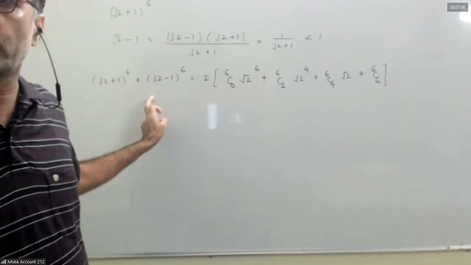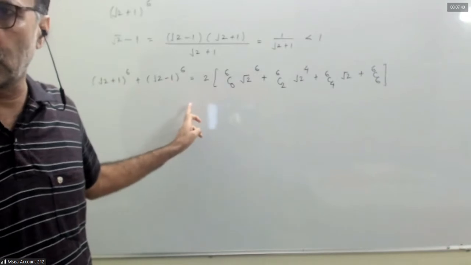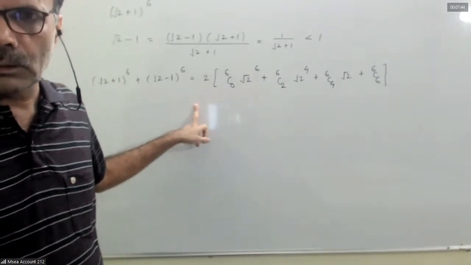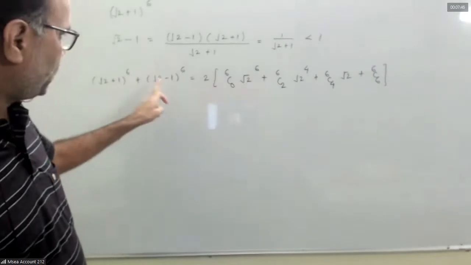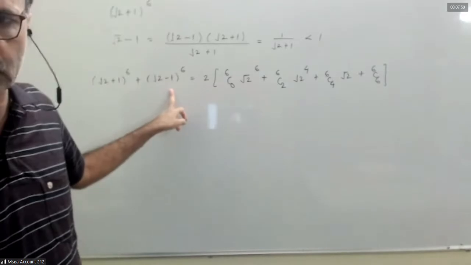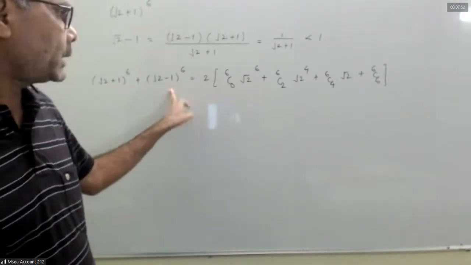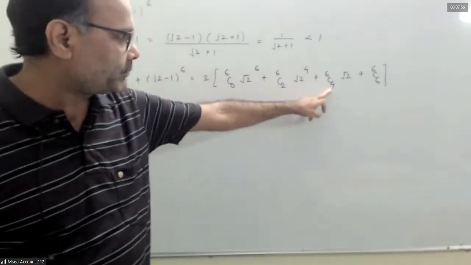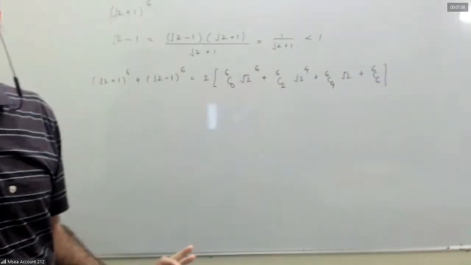I put a plus here because the first term will be root 2 to the power 6, so the first term will be added in both expansions, and the second term will get cancelled. It will be plus, it will be minus. First term, third term, fifth term, seventh term, all will be added.